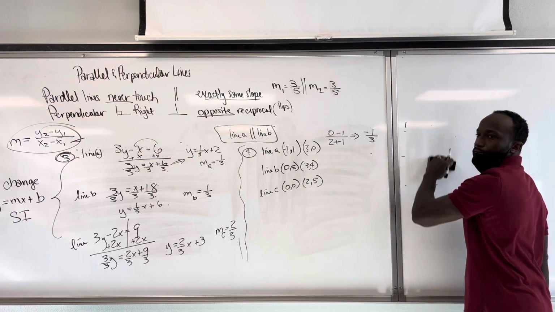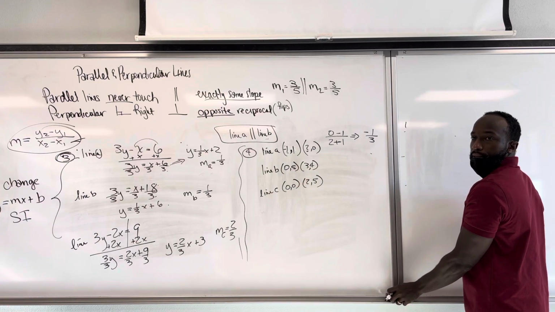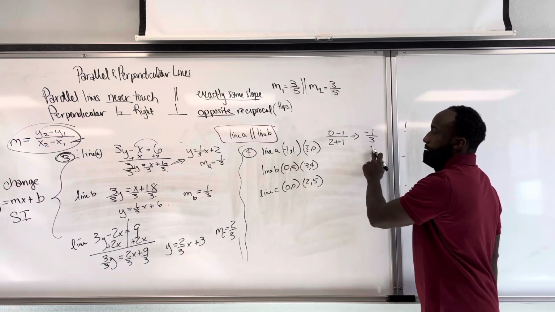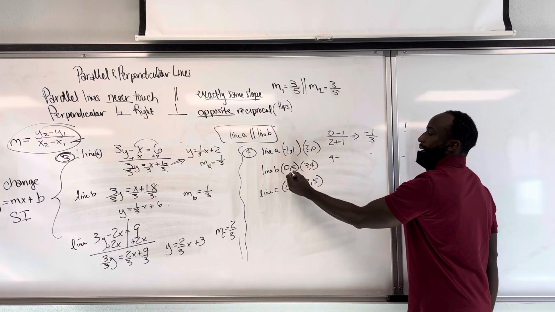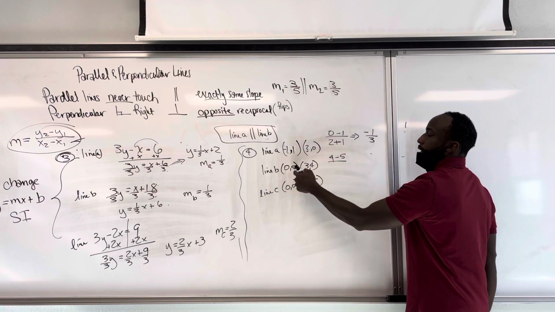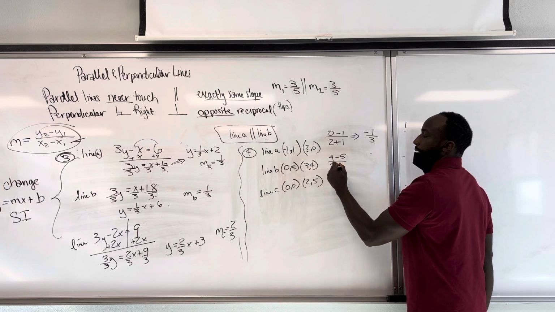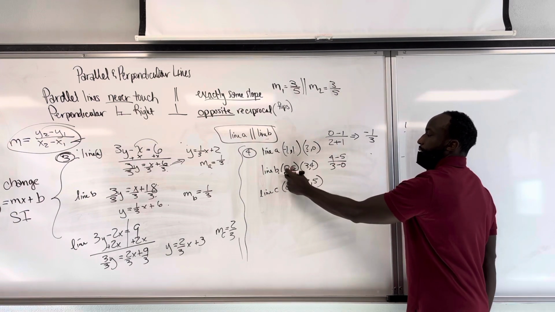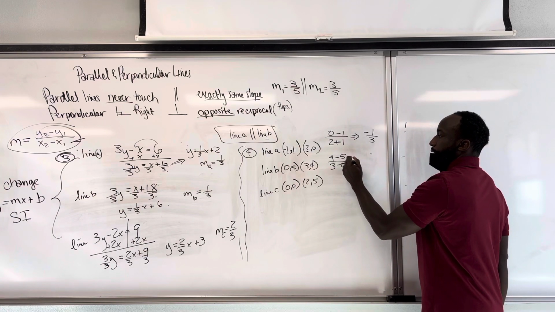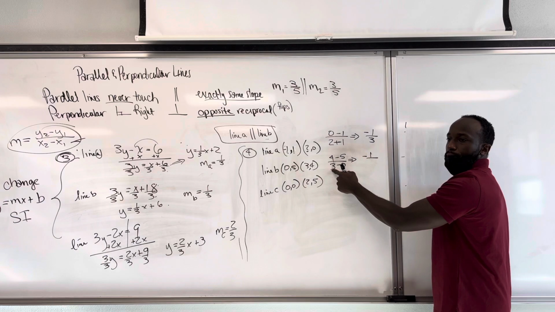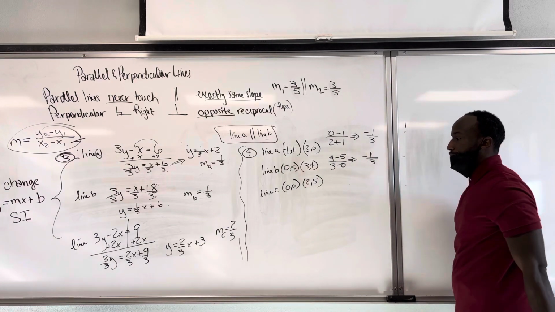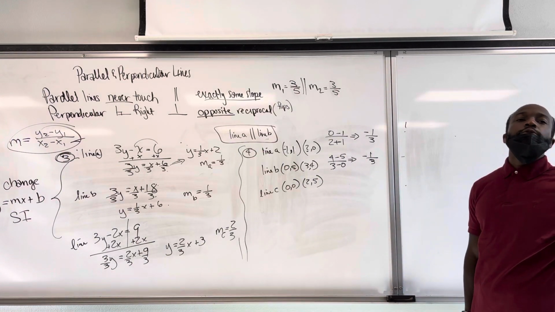How many students had that before I did it? For this one, y2, 4 minus y1, 5 over x2, 3 minus 0, x1. 4 minus 5, negative 1. 3 minus 0, 3.